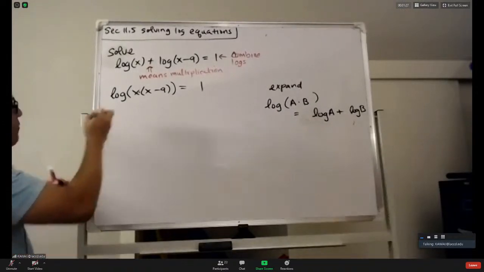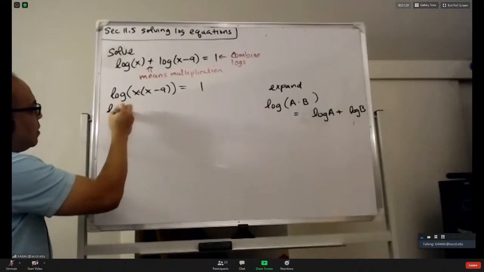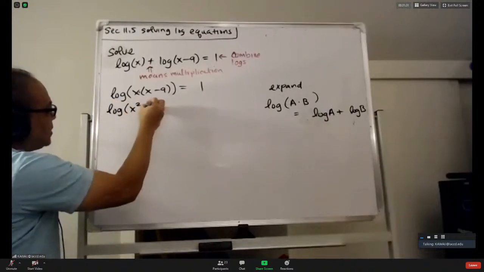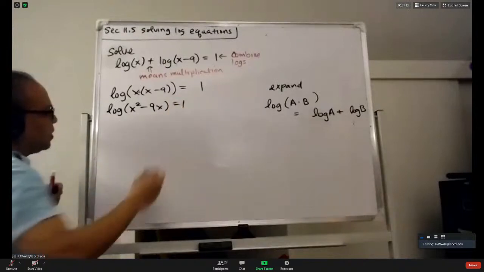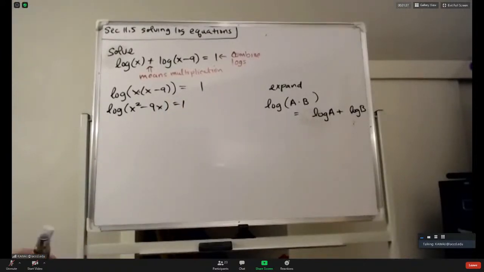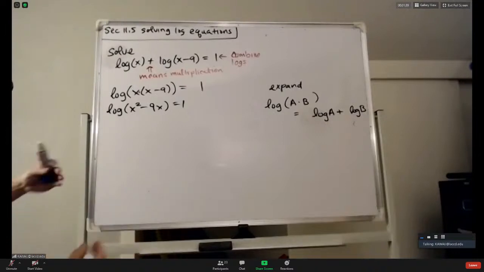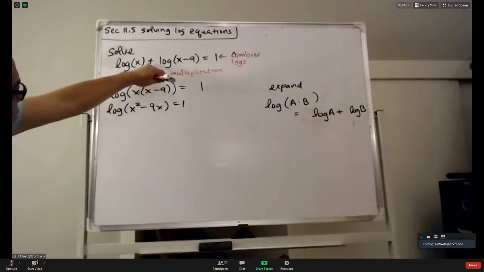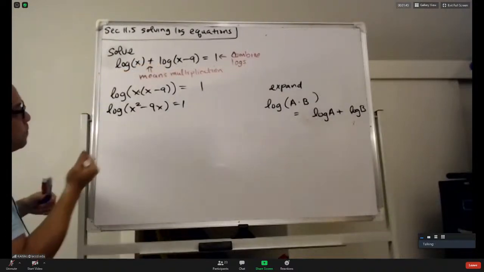So now I have log of x squared minus 9x is equal to 1. Now the reason why I want to do that is to get rid of the log. It's just a lot easier in terms of math if we don't have a plus sign or subtraction sign in between. I'll show you why in a second.